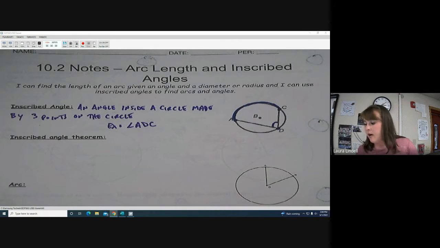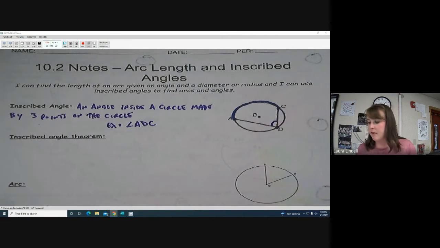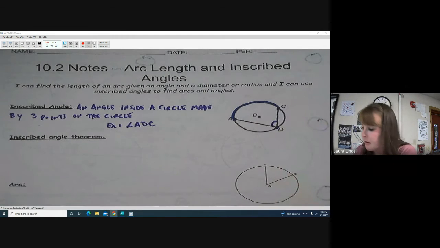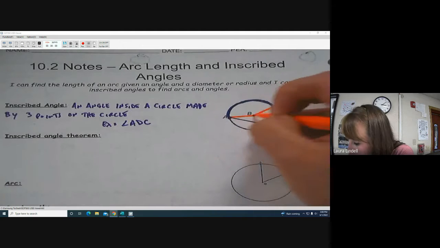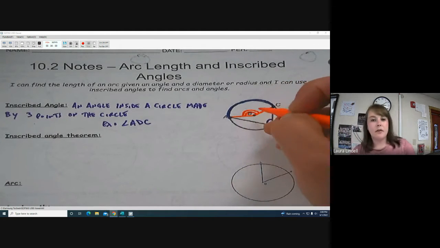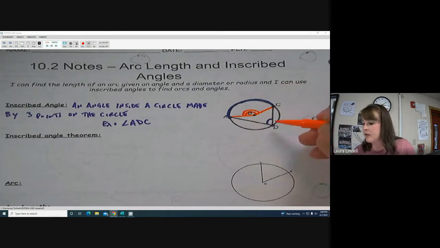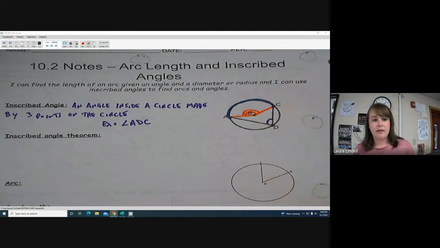So if we're talking about this arc and this arc measure or has an angle, the central angle for the arc is typically shown like right here. So this angle, or the angle that makes this arc, has a relationship with this inscribed angle that also connects with the endpoints of that arc.